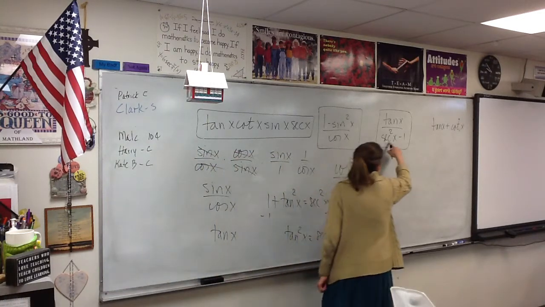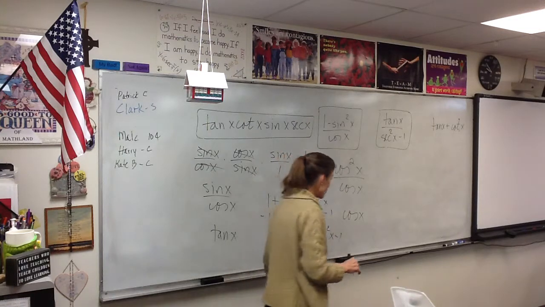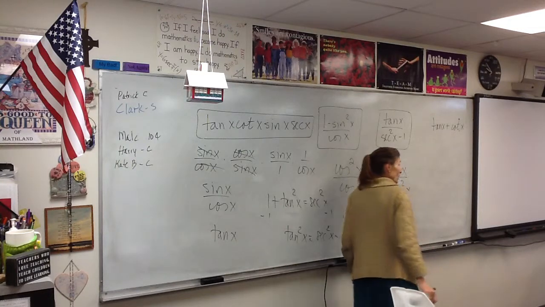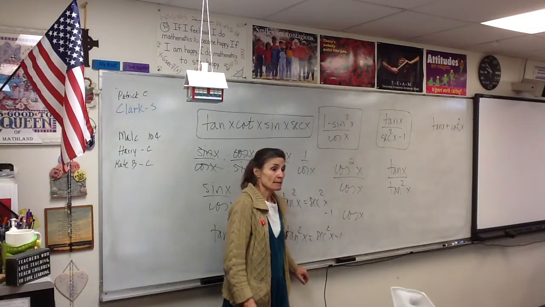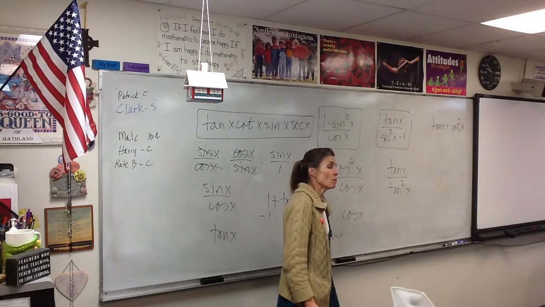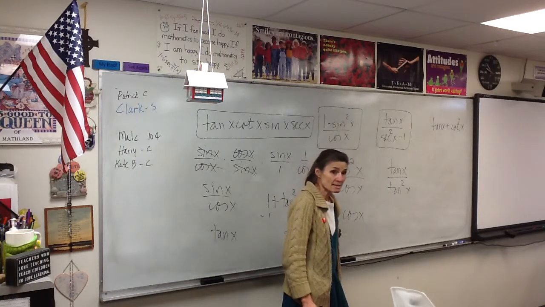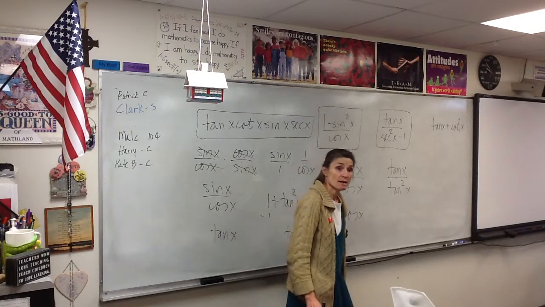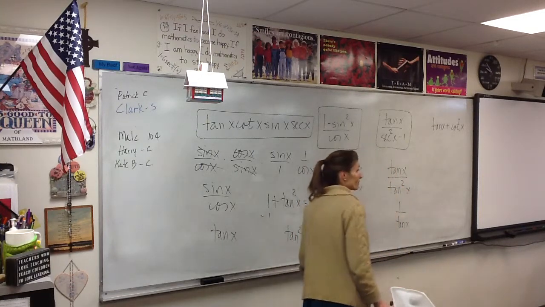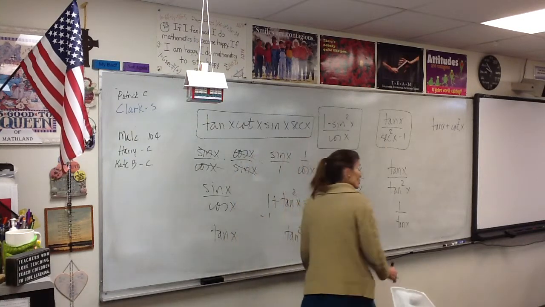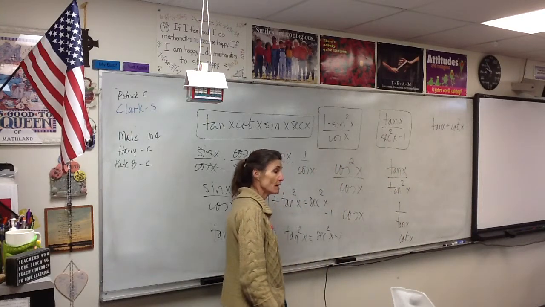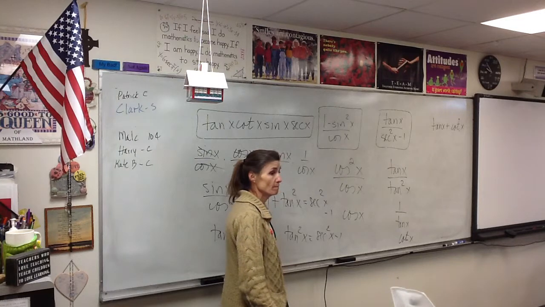So what does secant squared minus 1 equal? Tangent squared. So now we have tangent over tangent squared. Can we cancel? Yes. Be careful though. Who has more, the top or the bottom? When I cancel, the leftovers will be in the bottom. So this isn't tangent, this is 1 over tangent. If you want to write that as cotangent, that would be absolutely fine. You do not have to. You can leave it as 1 over tangent.